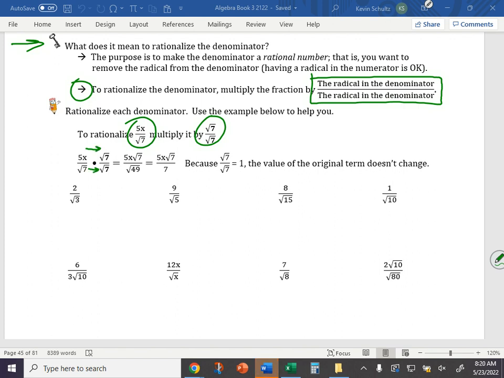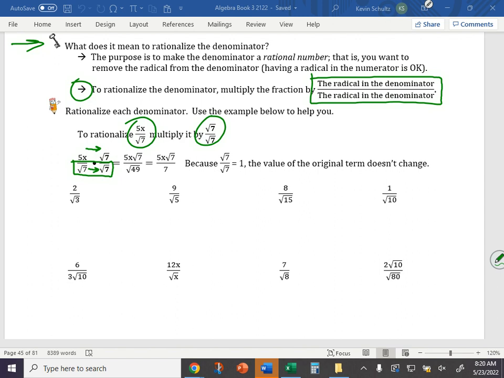And by multiplying this root 7 by root 7, we get the root of 49, which is a perfect square. Okay? So it's a relatively easy process to rationalize. You just have to remember to do it and then do it correctly.